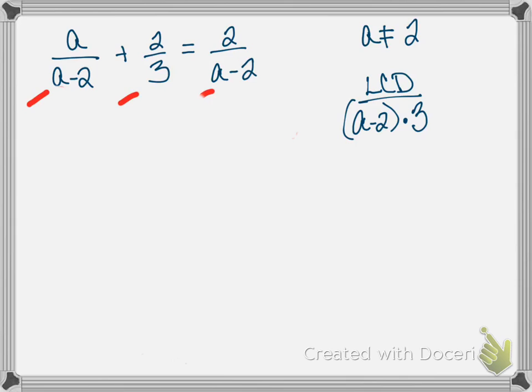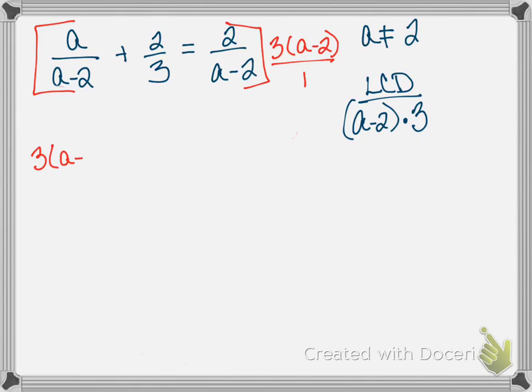So I am going to multiply all of this by my LCD, which is 3 times A minus 2. I'm going to put over 1. That's what we're doing. 3 times A minus 2 over 1.